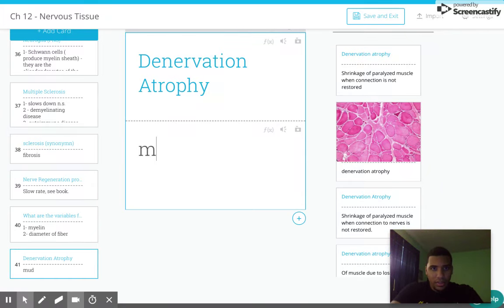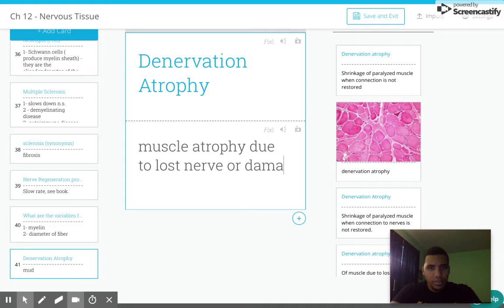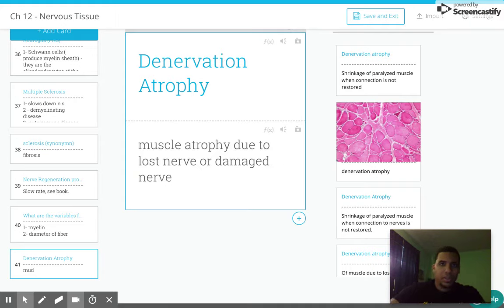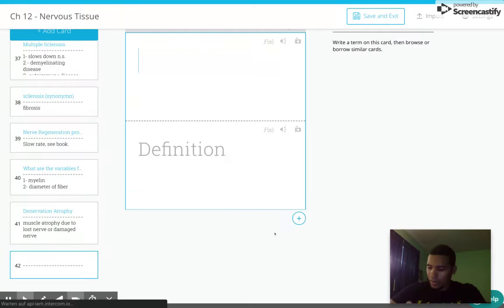So muscle atrophy is due to lost nerve or damaged nerve. That's the conduction speed, regeneration, atrophy, NGF.